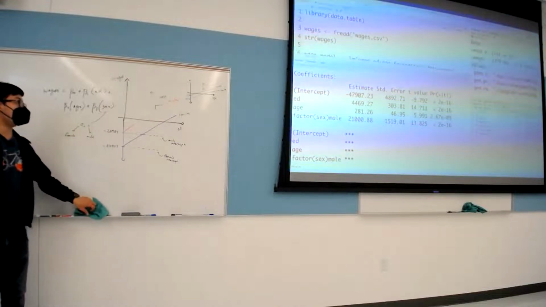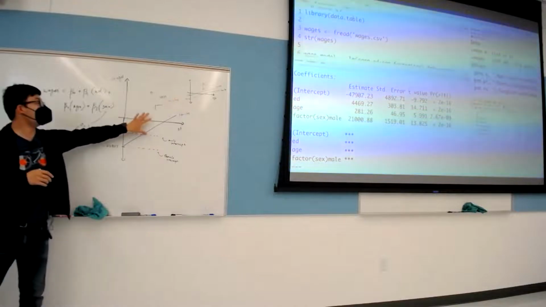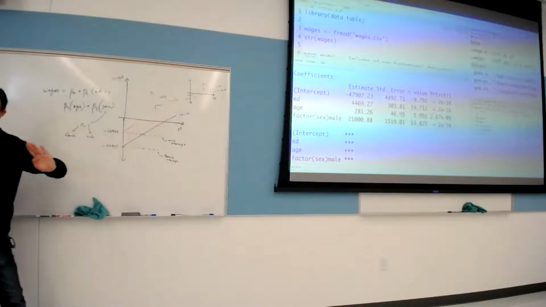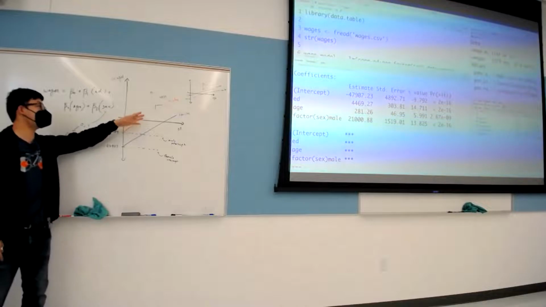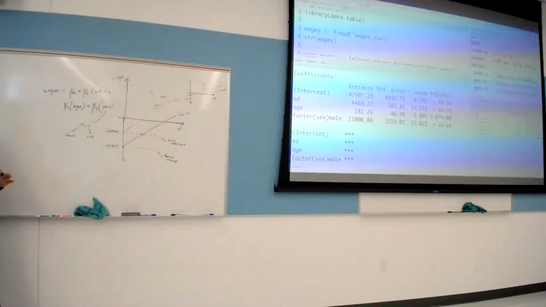If you imagine this in 3 dimensions, you could have a plane that would represent the line across dimensions of both education and age, but that gets really hard to draw. So we just look at them independently.